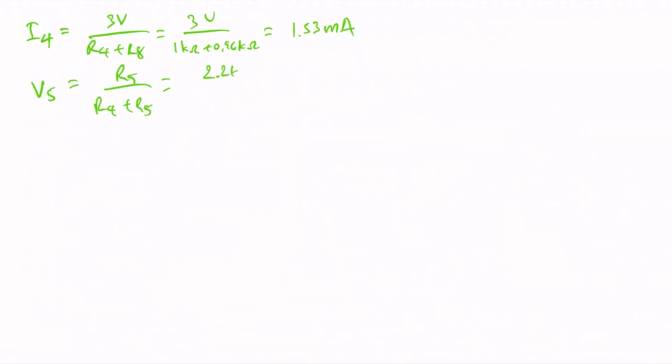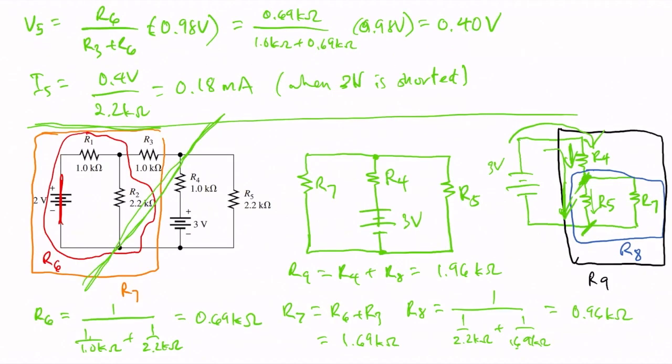R5 is 2.2 kilo ohms, R4 is 1 kilo ohm, so 2.2 kilo ohms over 1 plus 2.2 kilo ohms times 3 volts. And that will give us 2.06 volts.